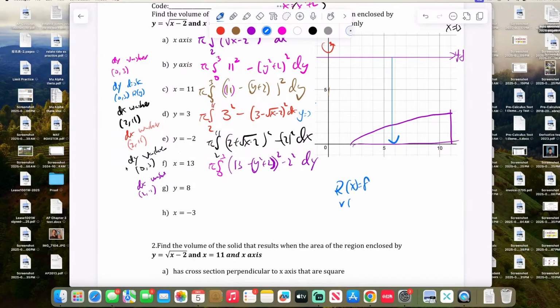Okay, what is small r? Is it square root of x minus 2 minus... 5 plus square root of x plus 2? No. Katie, shouldn't it be this? I'll draw it for you, Katie.